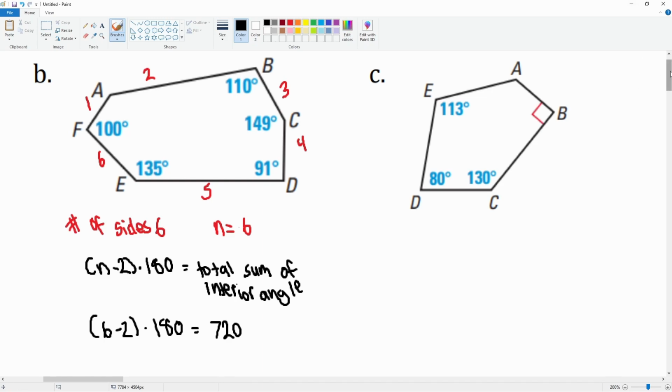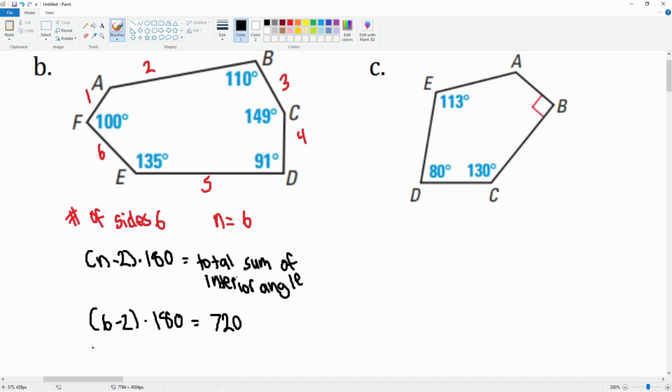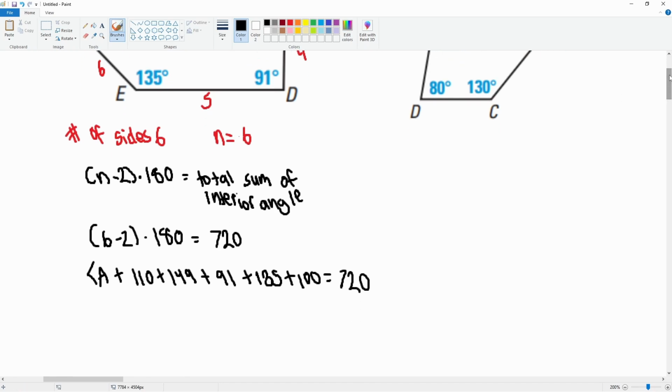That means I can set up this equation. Angle A plus 110 plus 149 plus 91 plus 135 plus 100. 1, 2, 3, 4, 5, 6. Yep, there's 6. Equals 720 degrees. Let's combine some like terms here. 110 plus 149 plus 91 plus 135 plus 100 is equal to 585.